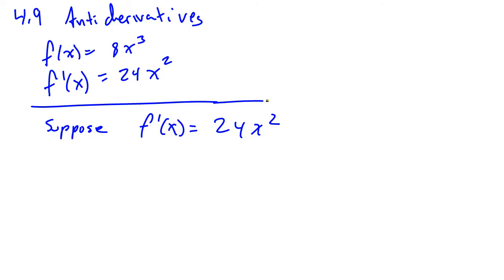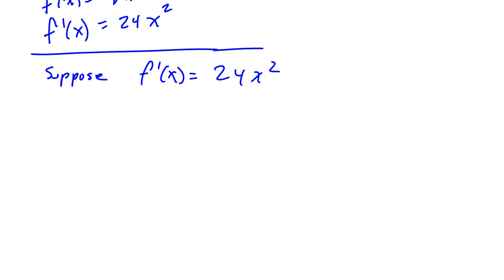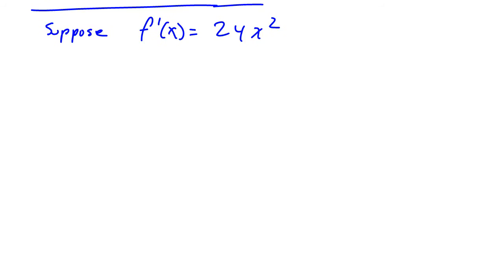You're only looking at this, and I say, well, if that's the derivative, what's the function? So we're going to have to look at lots of different techniques of how to work derivatives backwards. You just figured out how to do them forward. Now we're going to go backwards.